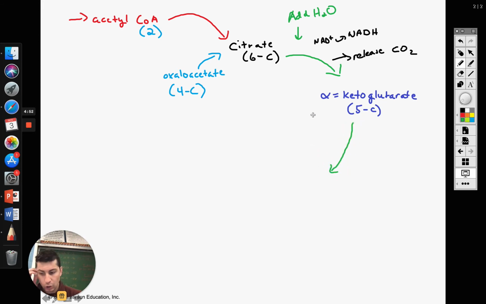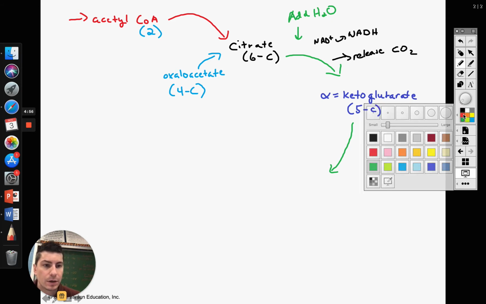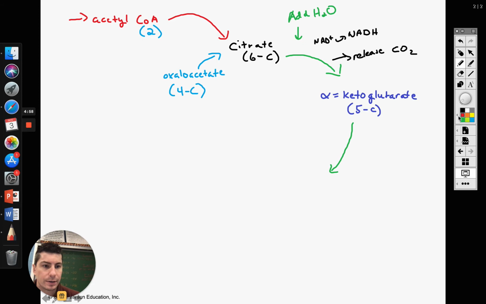Okay. Once again, going to the next one. Every time we take away a carbon, we have an electron that we can use. So once again, we are going to take away another carbon. We're going to have NAD plus going to NADH, and we're also going to release carbon dioxide.